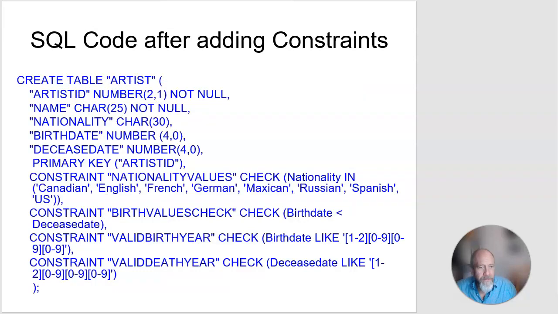Now, what if we wanted to do all this at once? No problem. There it is. Notice you've got the create table artist name. You put all those together. You set the primary key. Notice that we put things into quotes here.